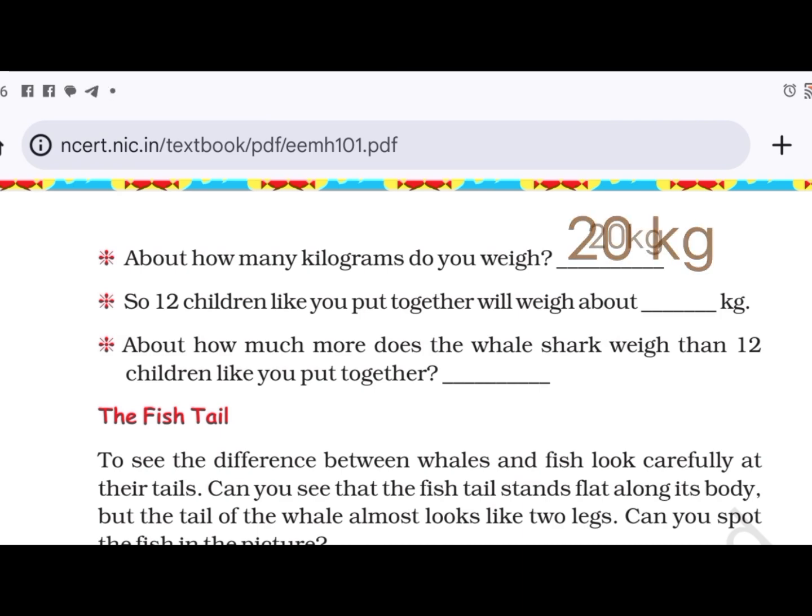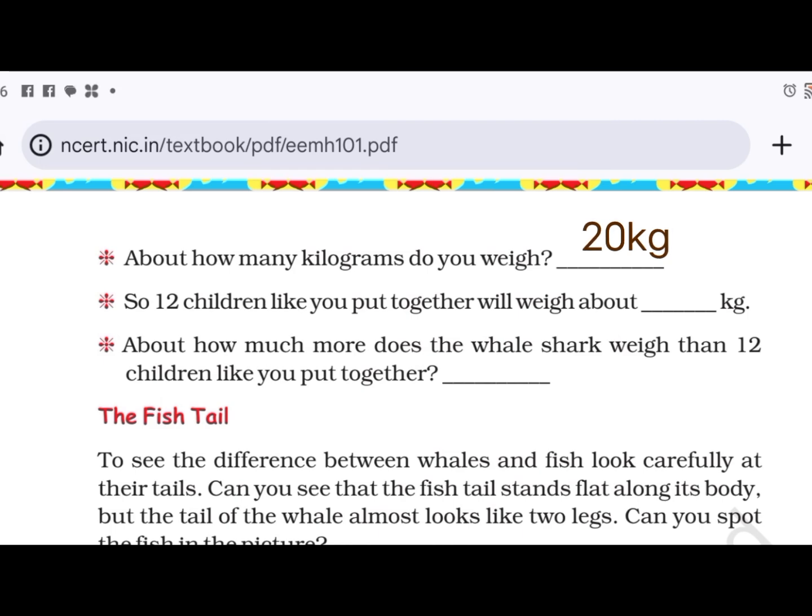Okay. Then according to that first point, when we go to the second point, 12 children like you put together will weigh 20 into 12, 20 12 times. How much will it be? 20 10 times means 200, and 11 times means 220, then 12 times means 240.